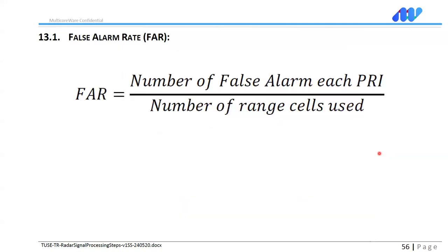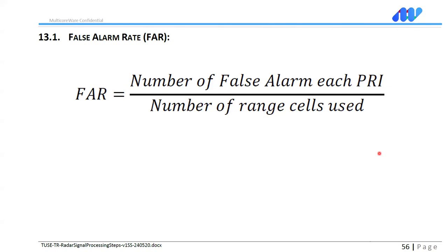And false alarm rate is defined by the number of false detections per each pulse, divided by the total number of range bins. So for each PRI in fast time, for a single pulse, you calculate your false alarms and divide it by the total number of range bins.